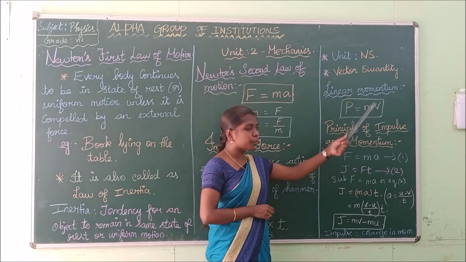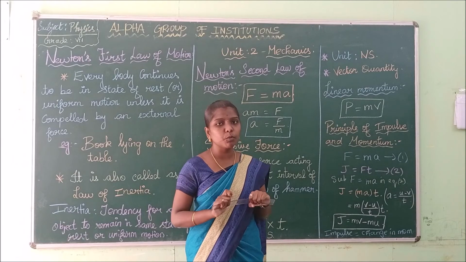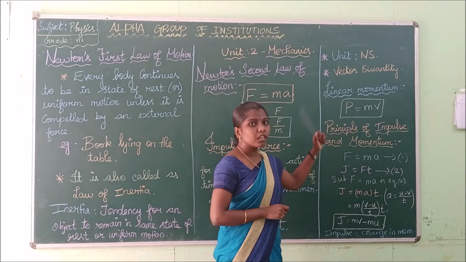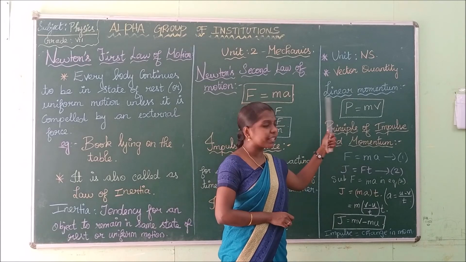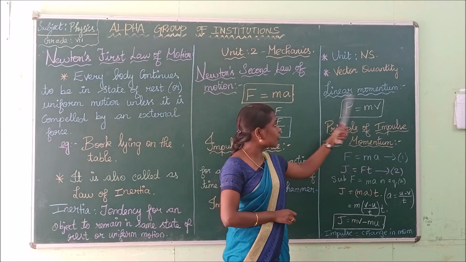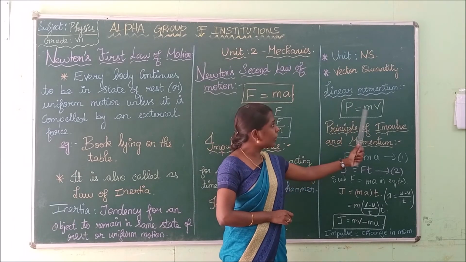Next is linear momentum. What is linear momentum? Linear momentum is represented by the symbol P. P is equal to mv. This is the formula for linear momentum.